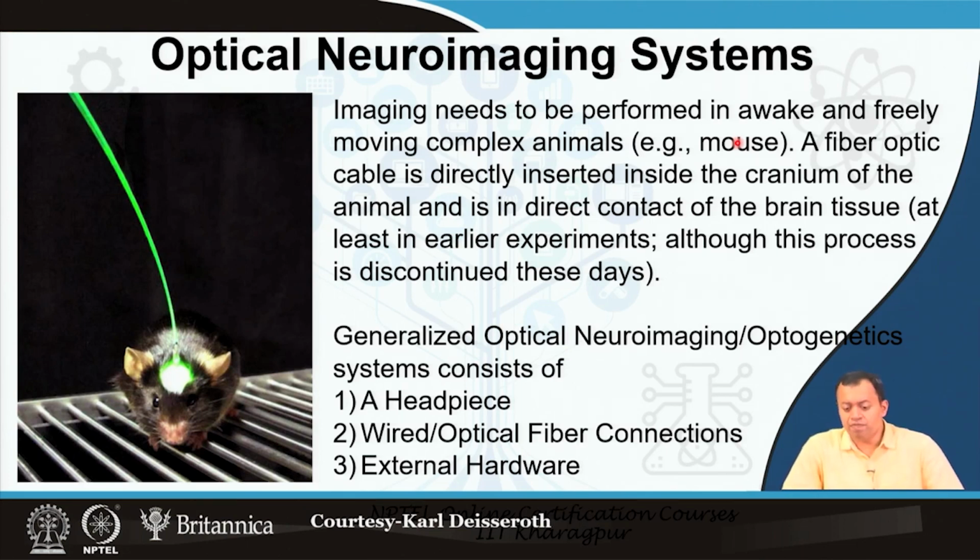So, a generalized optical neuroimaging or optogenetic system consists of a headpiece, a wired optical fiber connection, and an external hardware which is then connected, which is trying to analyze the light that has been sent.